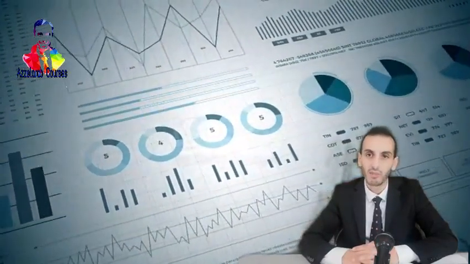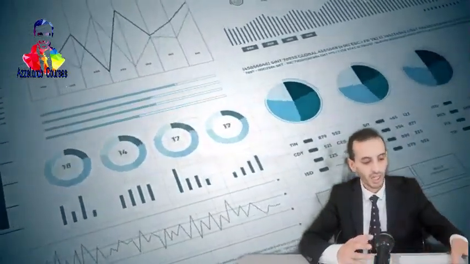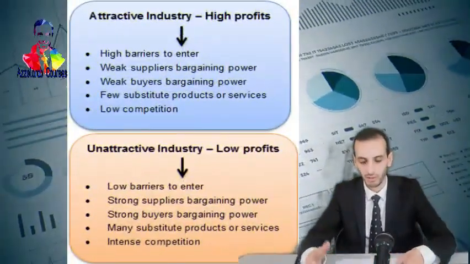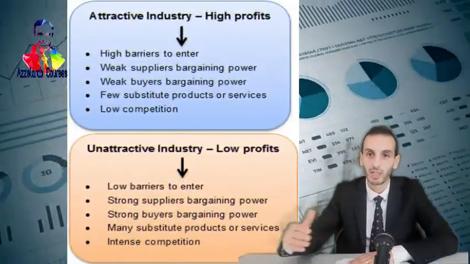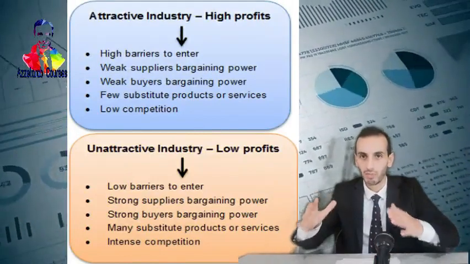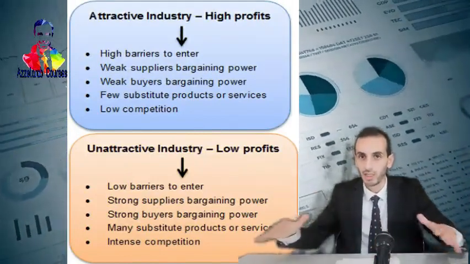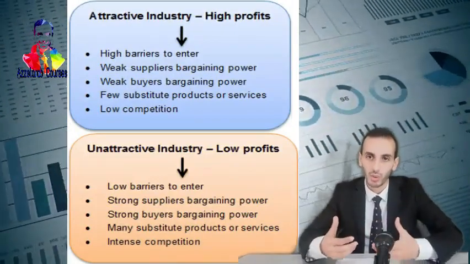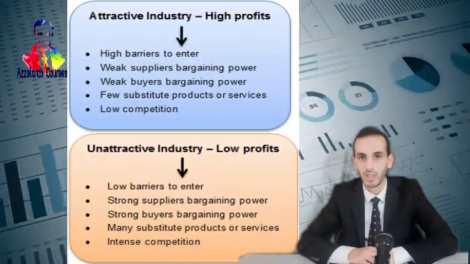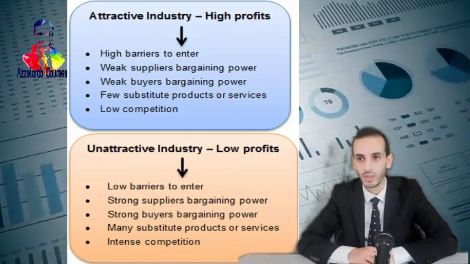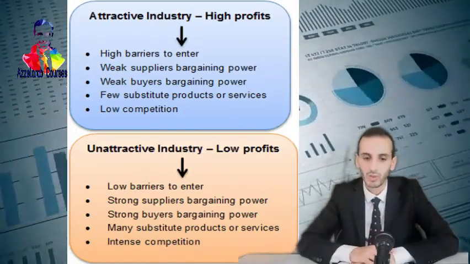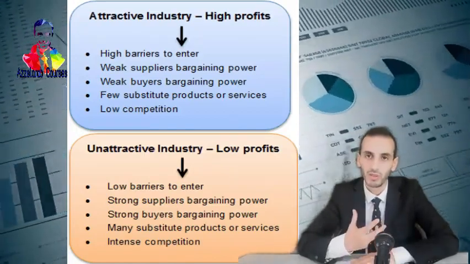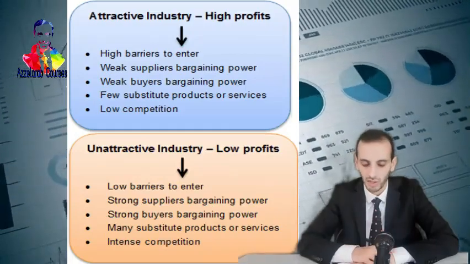So attractive markets mean high barriers to entry and weak suppliers' bargaining power. When the suppliers are many and not concentrated, their negotiation power is weakened, and the company can be strong.